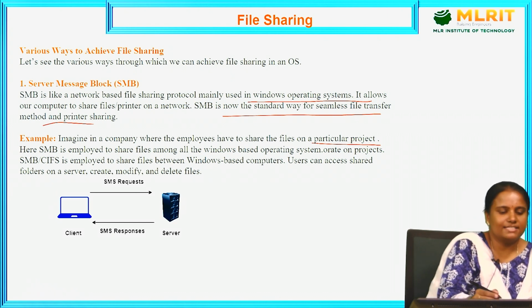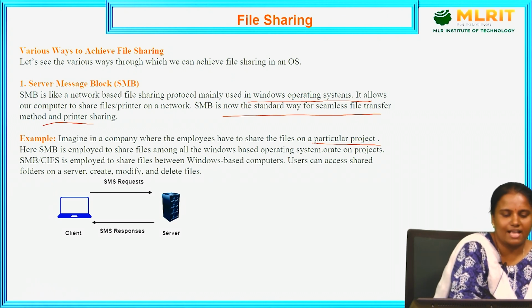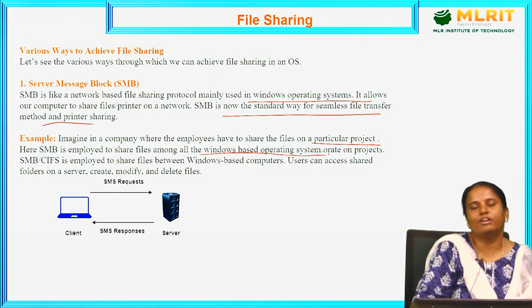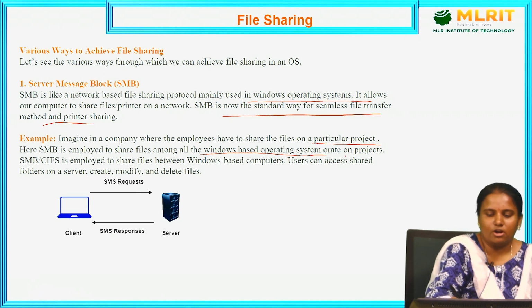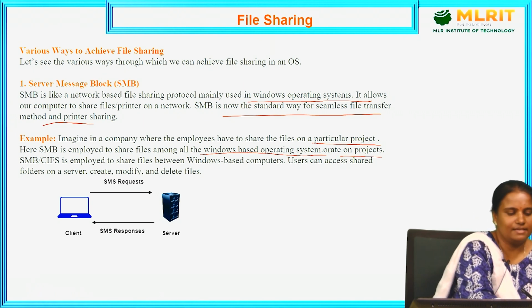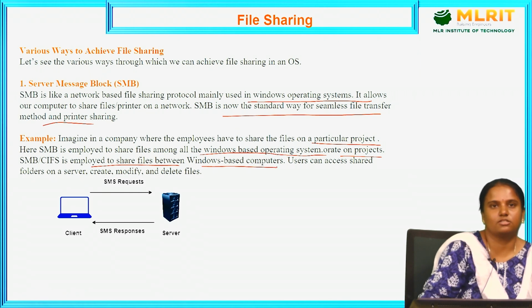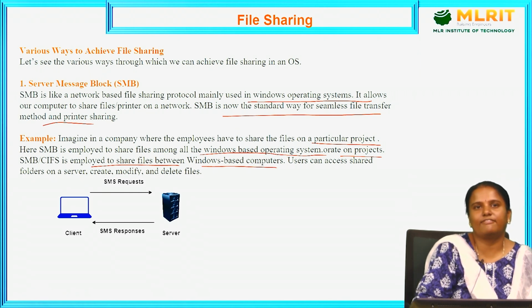Here, SMB is employed to share files among Windows-based operating systems. Whoever has a Windows-based system can share these files for the project. So it is used to share files only between Windows-based computers.